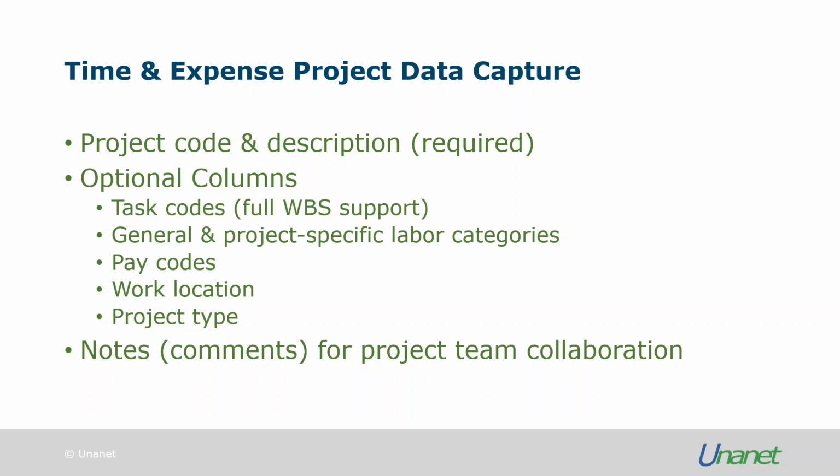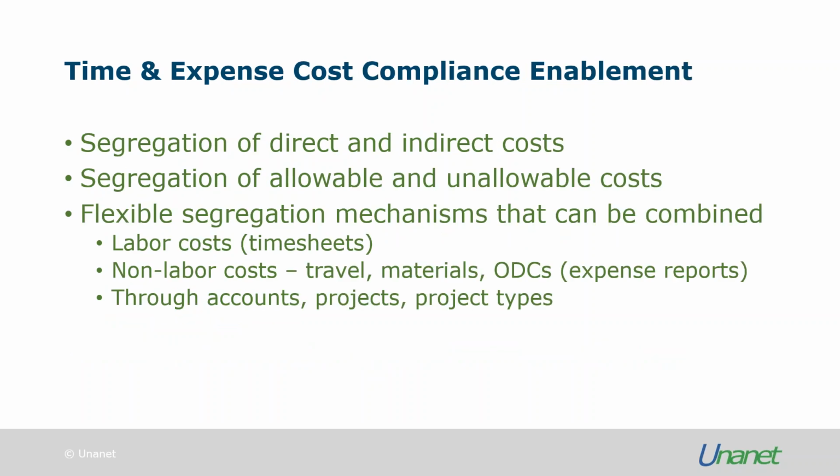We default everything else. All the other data is captured. It's just defaulted from another table rather than asking the employee to put it in. We find that the simpler you can make the time card, the more likely you are to get an accurate time card. You can also have notes or project comments for team collaboration.